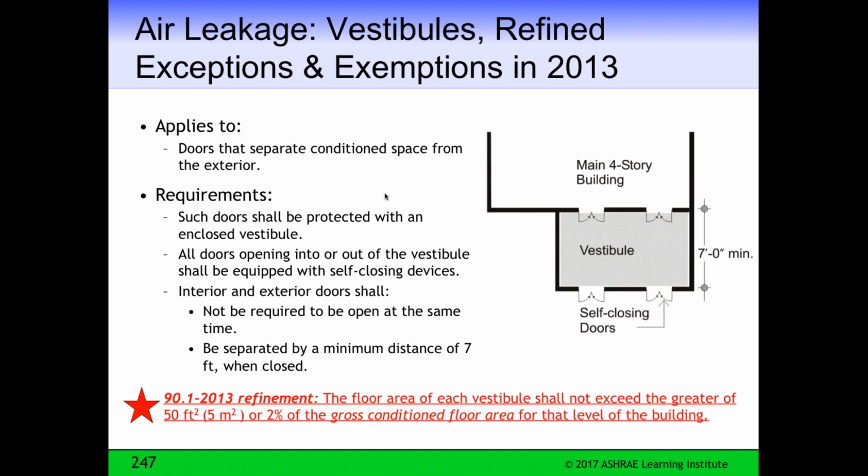And then vestibules have been a subject of debate within the committee, and each new version of Standard 90.1 adds additional refinements to the requirements by climate zone for vestibules. Again, I won't go into the detail, but it's well laid out in the standard and also examples in the user's manual.